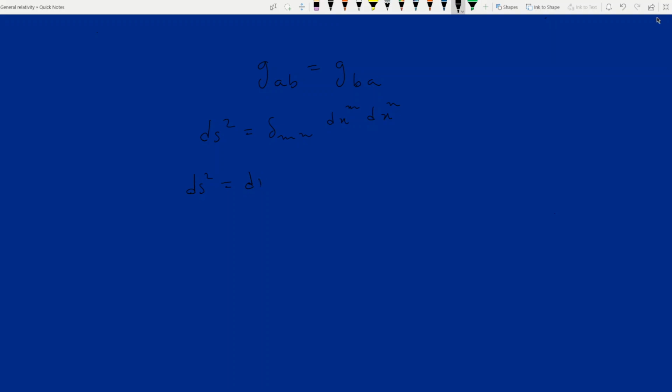Now I'm not deriving this formula. You have already learned that in your vector calculus classes. So that's dr squared, then r squared d theta squared plus r squared sine squared theta d phi squared. Right.